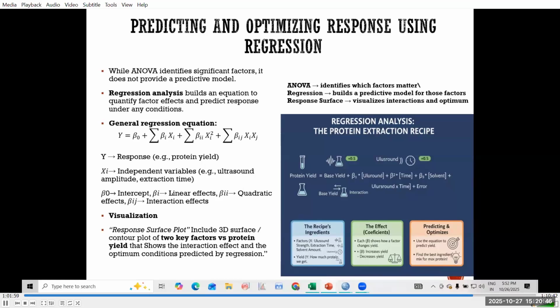There are three types of statistical representation for multivariate processes, like if we have two or more factors or independent variables, or two or more dependent variables. So we have three types of statistical analysis: ANOVA, for significance levels; regression, which quantifies the effect; and the response surface, which visualizes the interaction and optimizes the value of that particular dependent variable.